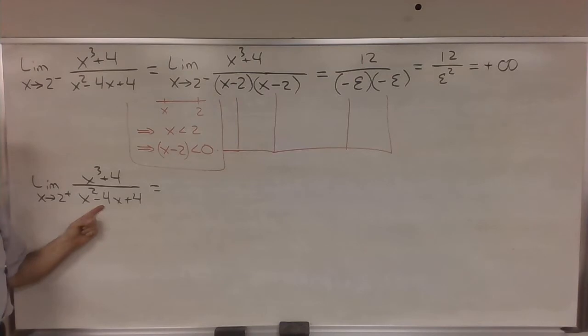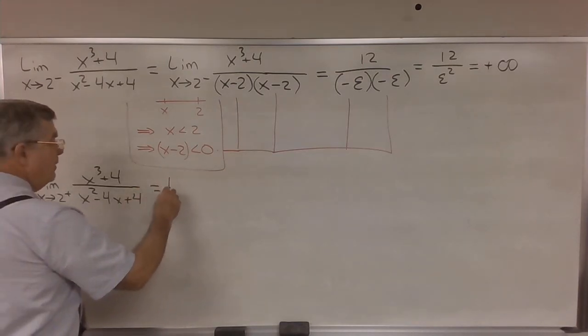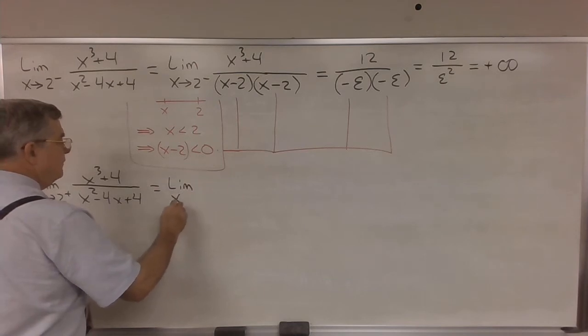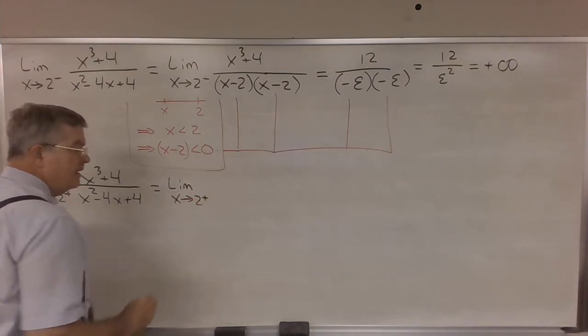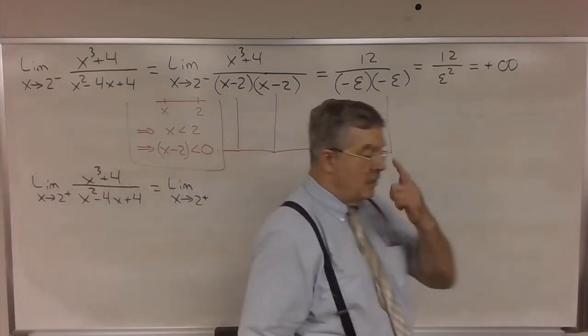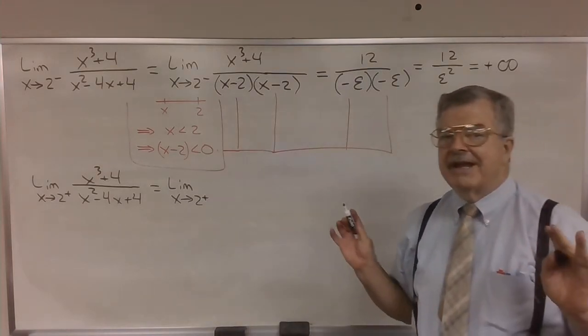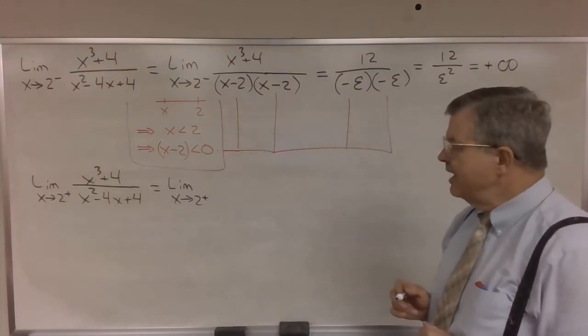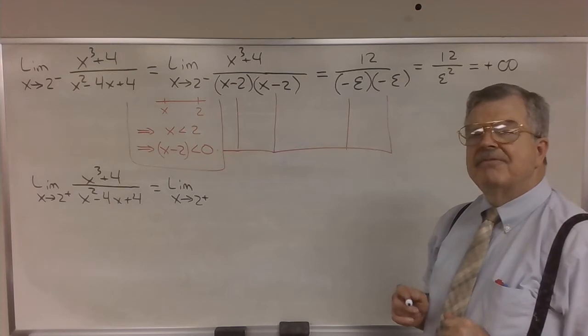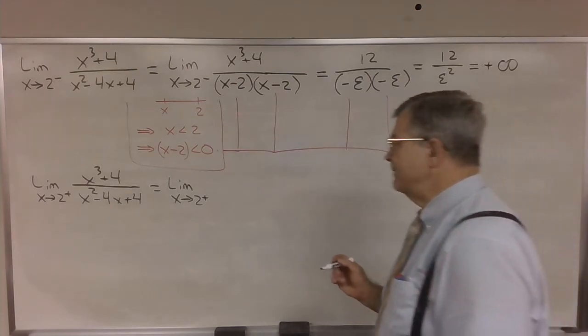And again, I'm going to factor the denominator. I don't have any plans to cancel in top and bottom, but when I'm computing my one-sided limits after I get division by 0, I find it helpful to factor the denominator.